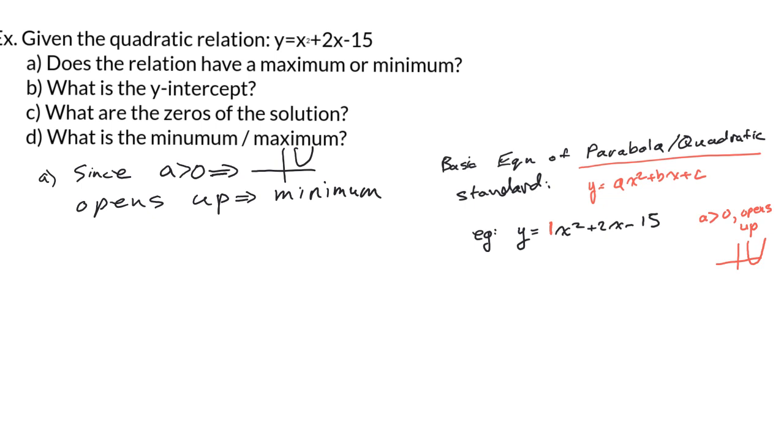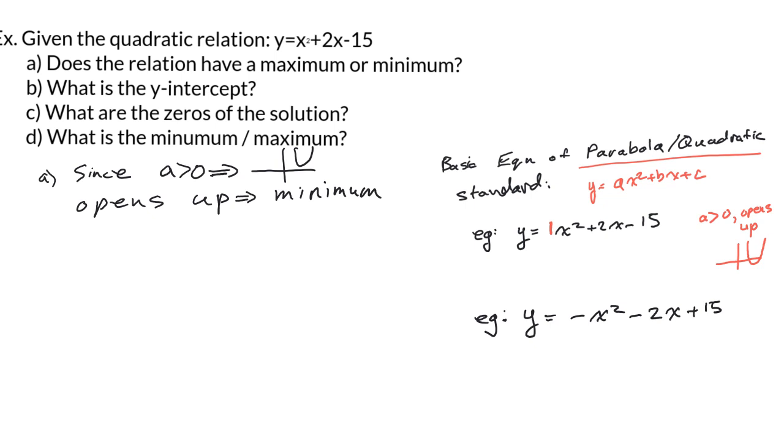So now imagine if I had another equation like this. Y is equal to negative x squared minus 2x plus 15. So all we've done is taken the negative of all this, right?